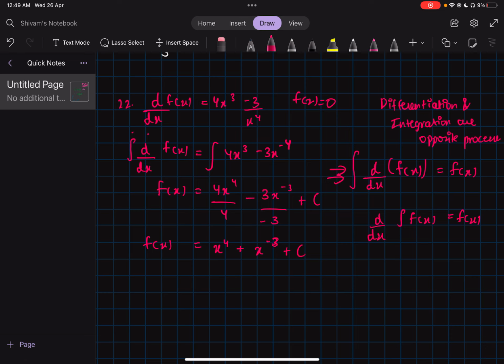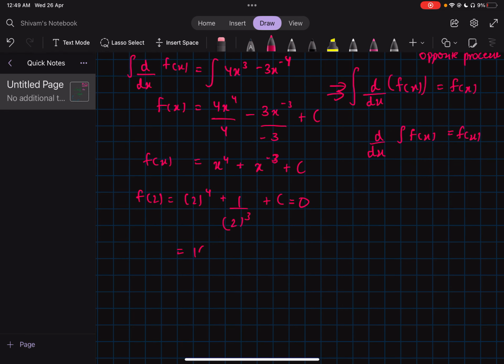And we know that f of 2 is 0, so we're going to plug in 2, which gives you 2 to the fourth power plus 1 over 2 to the third power plus c equals 0. That's just 16 plus 1 over 8 plus c equals 0. So we're going to take the LCM of the first two terms. That's going to be 128 upon 8 plus 1 over 8 plus c is 0.